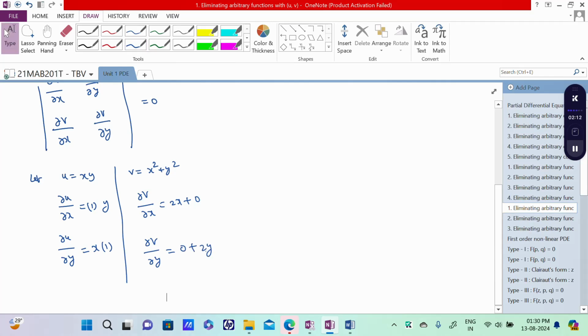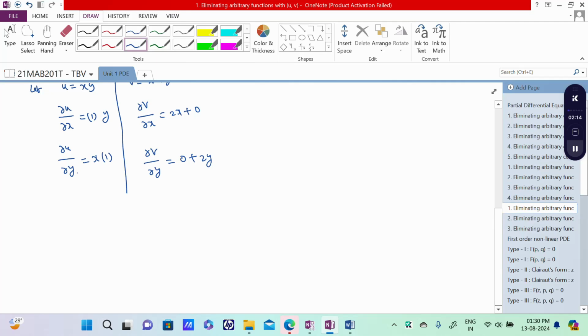Now substitute these values into the Jacobian form: dou u by dou x is y, dou u by dou y is x, and then 2x, 2y, the determinant equal to 0. Therefore 2y square minus 2x square equal to 0.